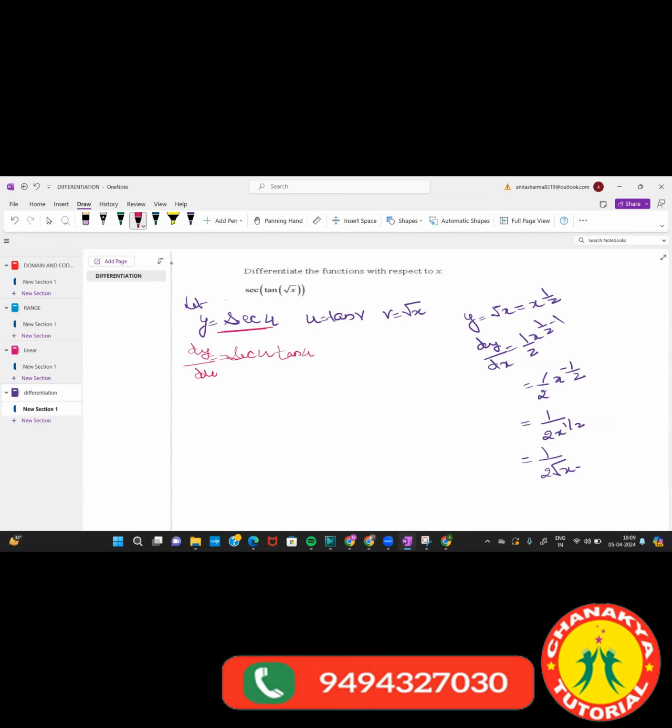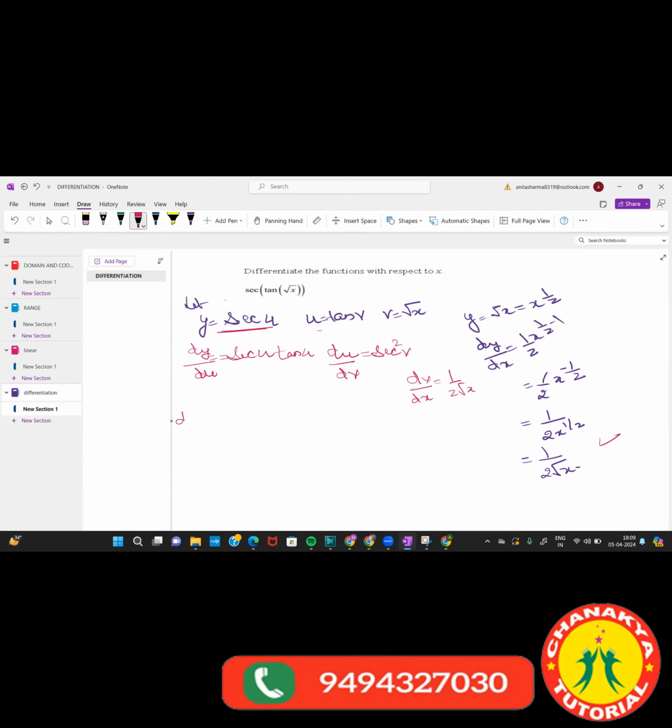Okay. Then du by dv: the differentiation of tan v will be secant square v. Then the differentiation of root x will be 1 by 2 root x. This thing we have already calculated, right?